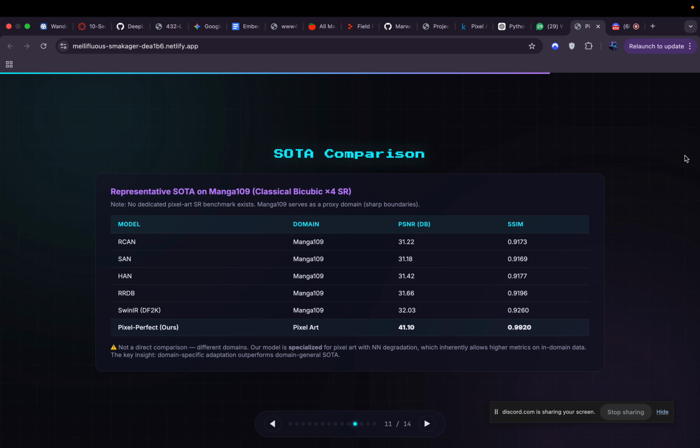Our model achieves 41.10 dB and 0.992 SSIM on our pixel art test set. Now we want to be transparent. This is not a direct comparison. Different datasets, different degradation models, and our high numbers come from the fact that we're specialized for pixel art with neural network degradation, which is inherently more structured than photorealistic SR. The key takeaway is domain-specific adaptation significantly outperforms domain-general models.